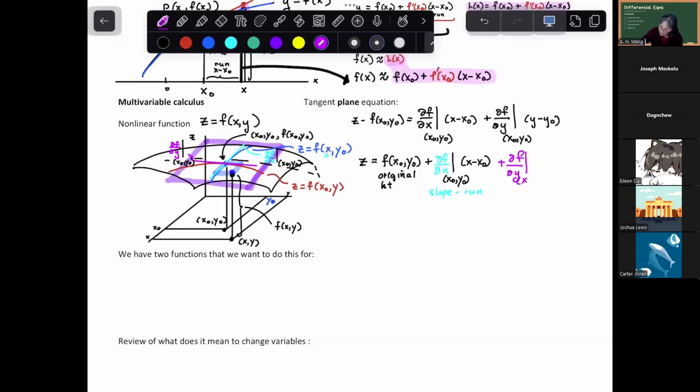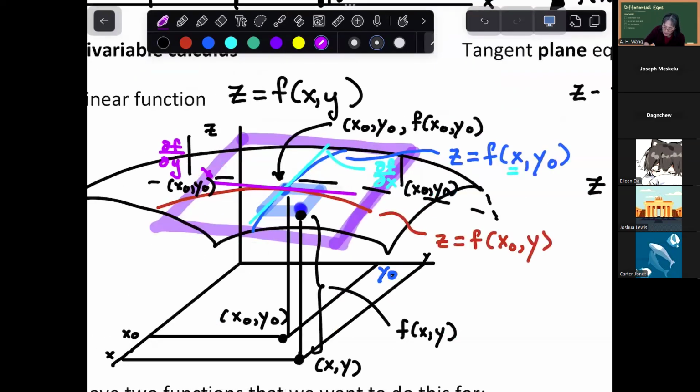And this is the slope times the run in the y direction. Okay, so this is the slope times the run.